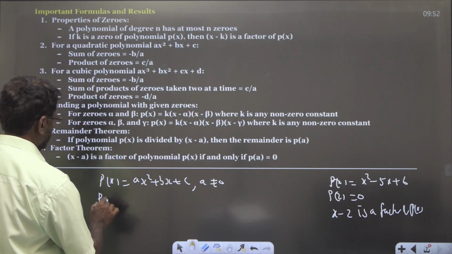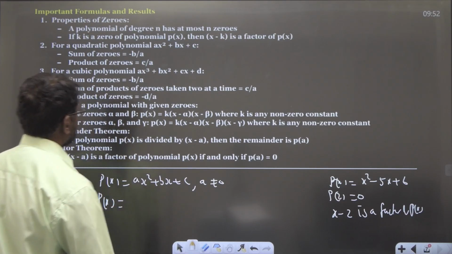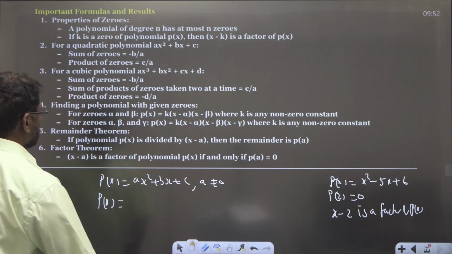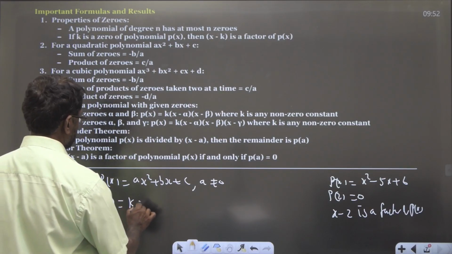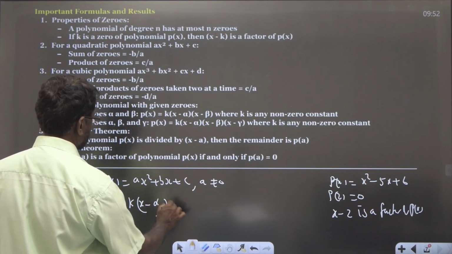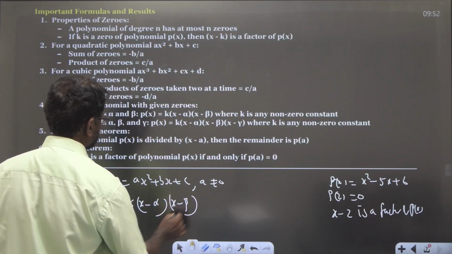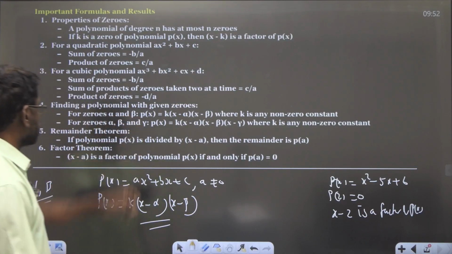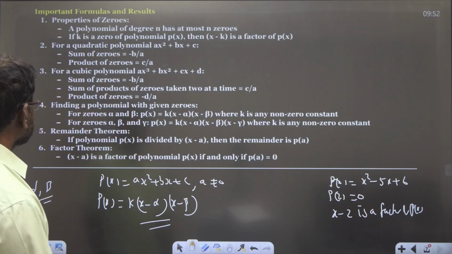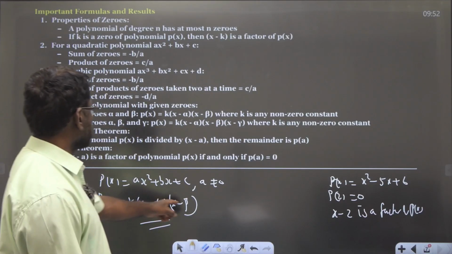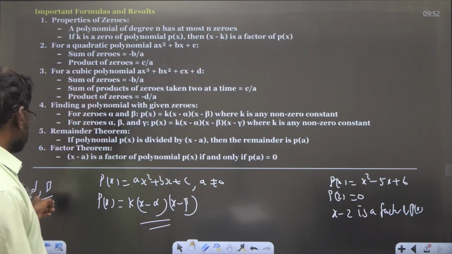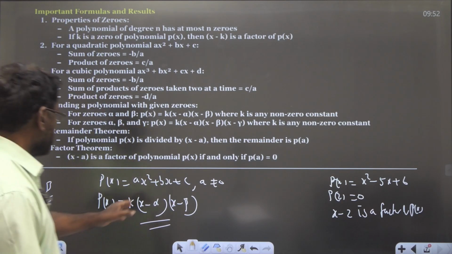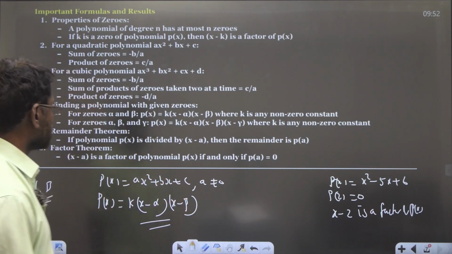Then p of x can be expressed as some constant k into x minus alpha into x minus beta, because x minus alpha and x minus beta are factors of this polynomial, since alpha and beta are its zeros.